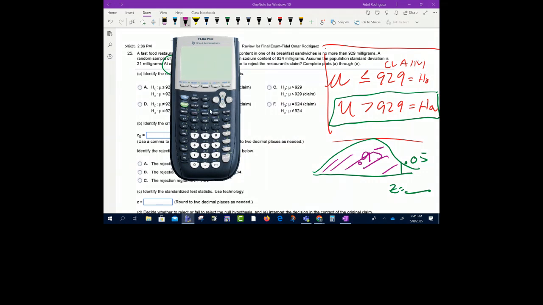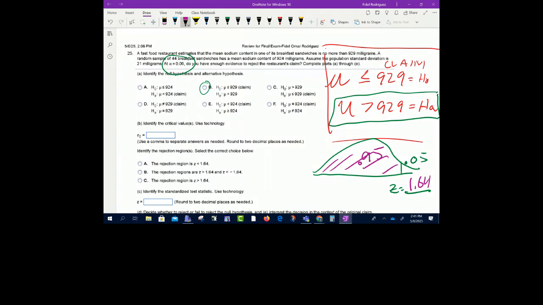We're going to go second vars, to number 3, and find our inverse norm. Again, my area to the left is 0.95. My Z value, guys, should be a positive number because it's all the way over here on the right side: 1.64. That is my critical value.